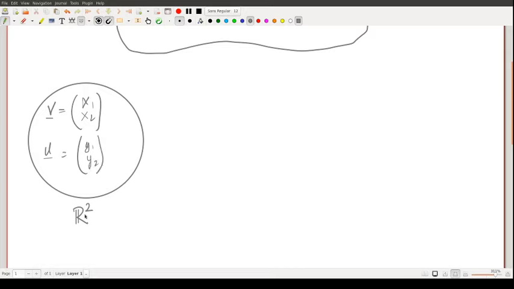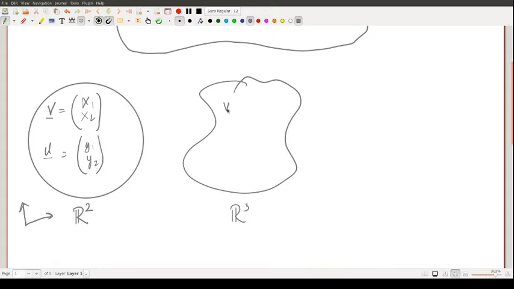This is a nice space because you can visualize it using a two-dimensional graph. Then let's suppose you have the vector space R3, where each vector looks like x1, x2, x3, three components, and another vector could look like y1, y2, y3.